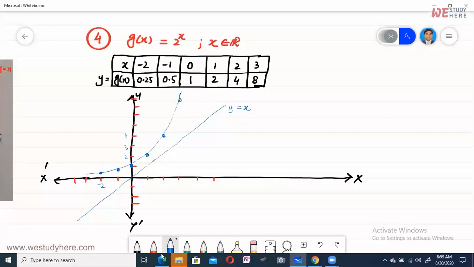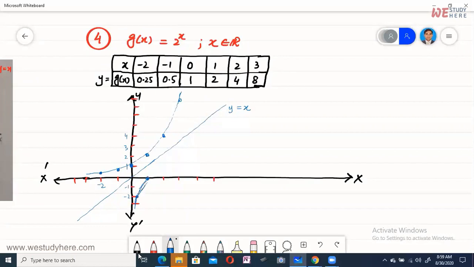We will take the line y equal to x as the line of symmetry and draw the image on the other side, the reflection. This reflection will be in this way, crossing here at 0, 1 and this side crossing the point 1, 0.